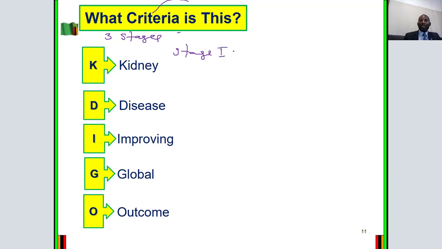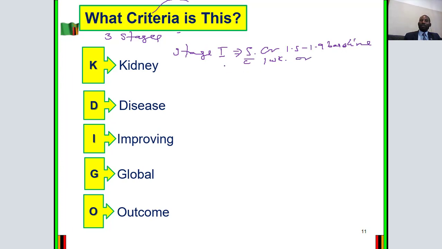So stage 1, number 1, serum creatinine is increased 1.5 to 1.9 times from the baseline within 1 week. That is stage 1.